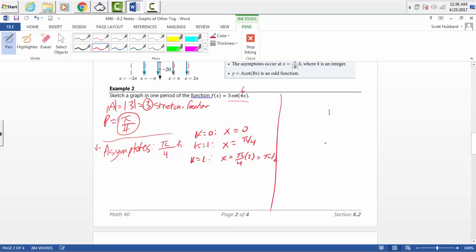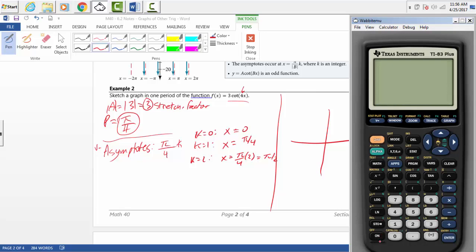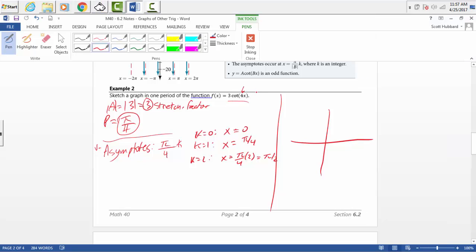And then we just take a look at the graph. Okay, and go here, go back here. Now I definitely want to use the calculator here because I want to stress that there is no cotangent button on the calculator, but we can get cotangent by just doing the reciprocal of tangent. So 3 cotangent is the same thing as 3 over tangent of 4x.